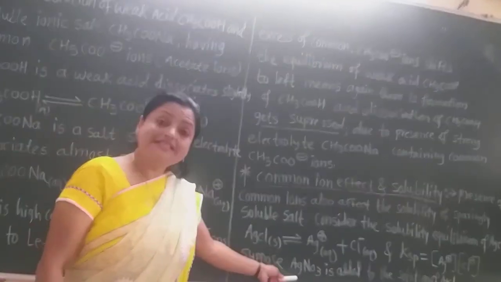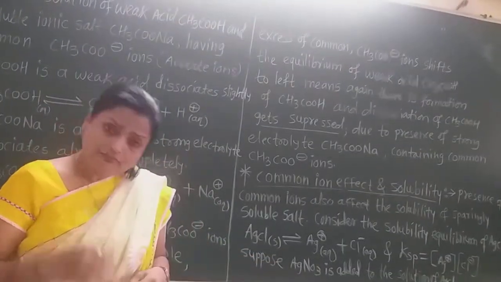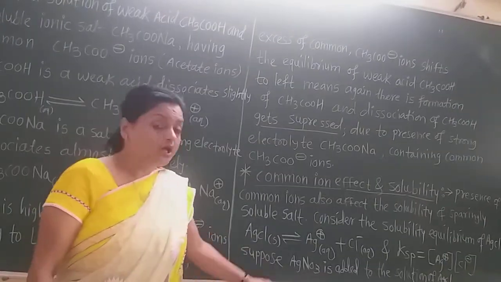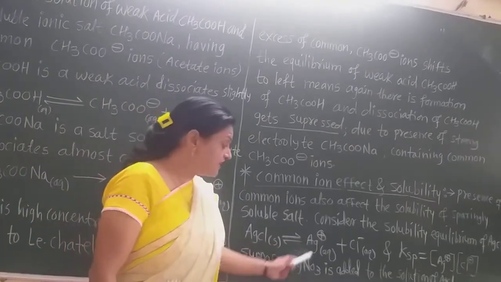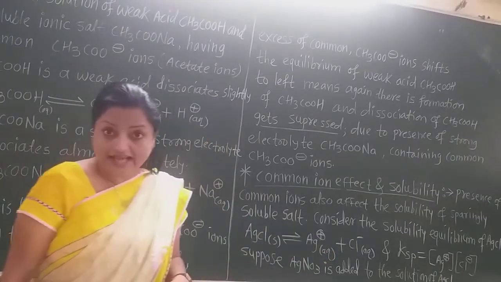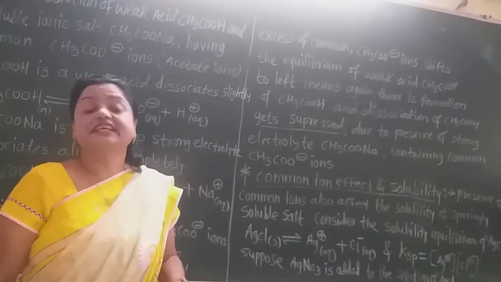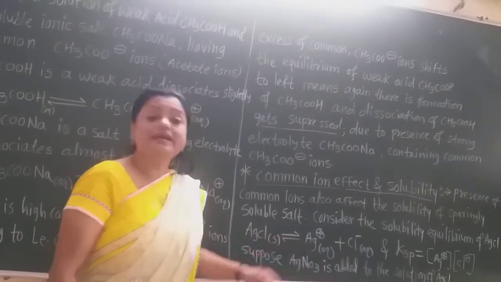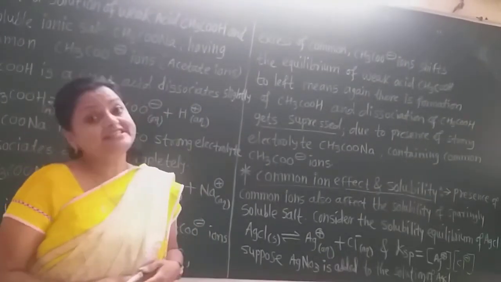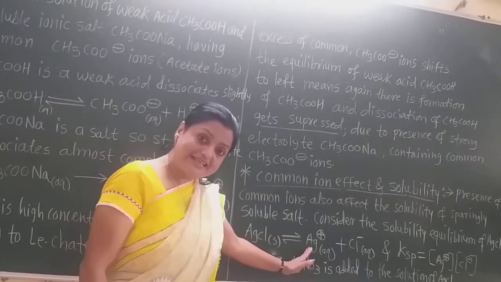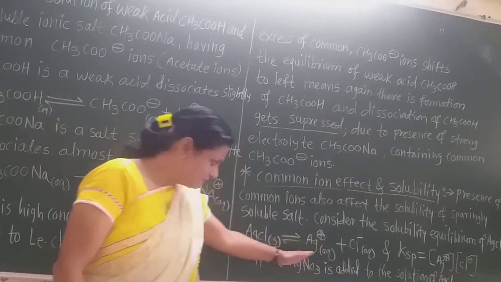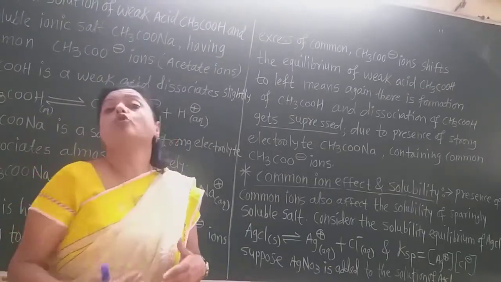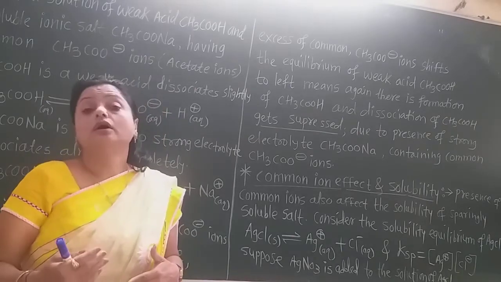What happens? Here silver nitrate is a strong electrolyte. Now there are common silver ions, and the concentration of silver ions is maximum as this is a strong electrolyte. These silver ions, which are in excess, react with the chloride ion and again form AgCl. That means here also the equilibrium shifts to the left-hand side due to the excess of common Ag plus ion according to Le Chatelier's principle. As the concentration of Ag plus ion increases, the equilibrium shifts to the left side and this sparingly soluble salt becomes more and more sparingly soluble, that means less soluble.